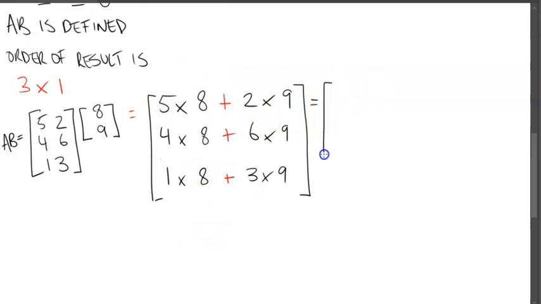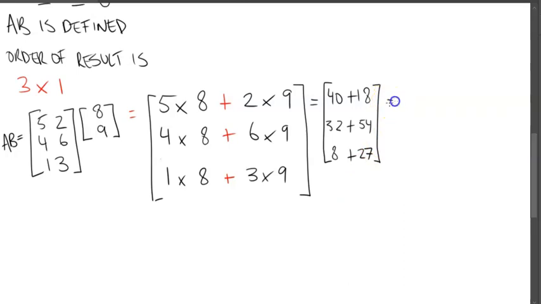So let's quickly do some quick maths. 5 times 8, 40, 2 times 9, 18, 4 times 8, 32, 6 times 9, 54, 1 by 8, 8, 3 by 9, 27. Yep, that's about right.